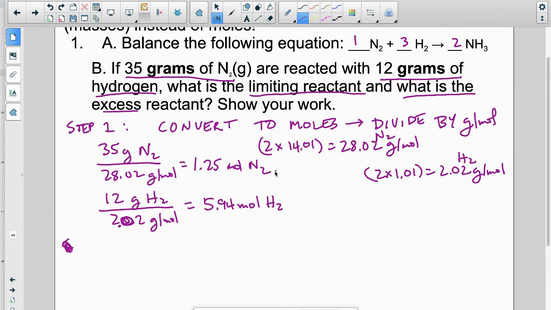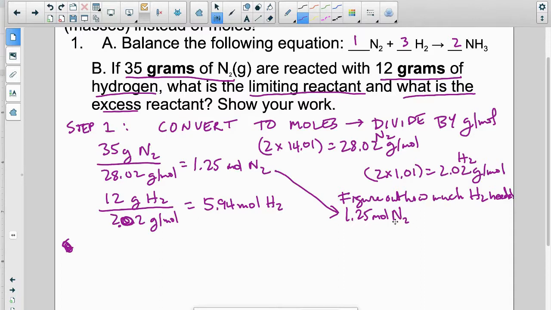So I take 1.25 moles of N2 and figure out how much H2 is needed, and then I can compare to this number and figure out which is my limiting reactant.